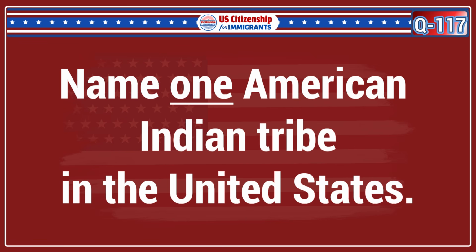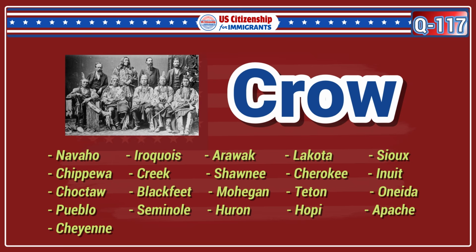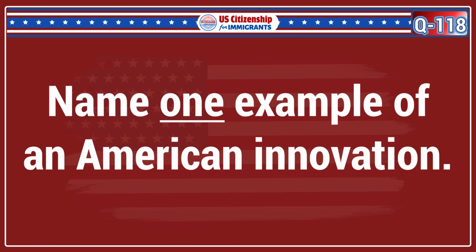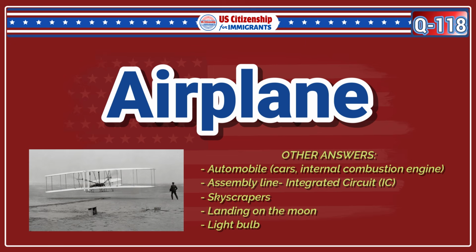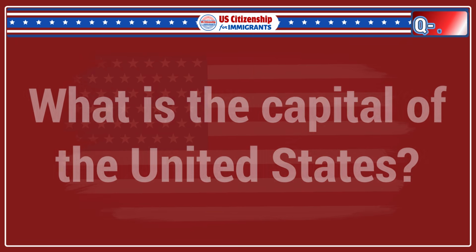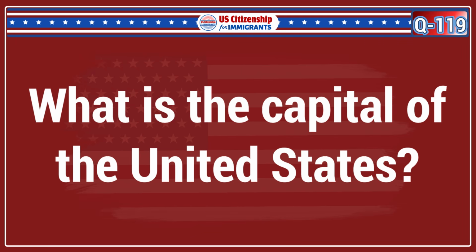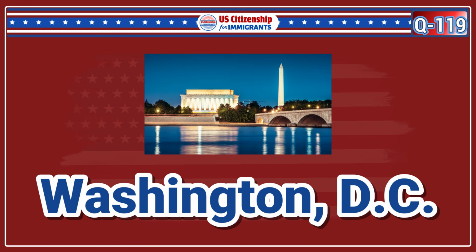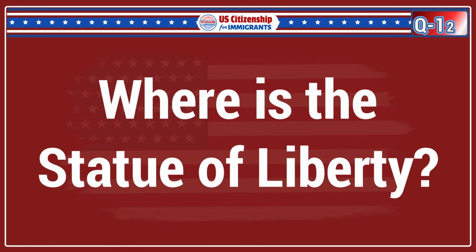117. Name one American Indian tribe in the United States. Crow. 118. Name one example of an American innovation. Airplane. 119. What is the capital of the United States? Washington, D.C. 120.